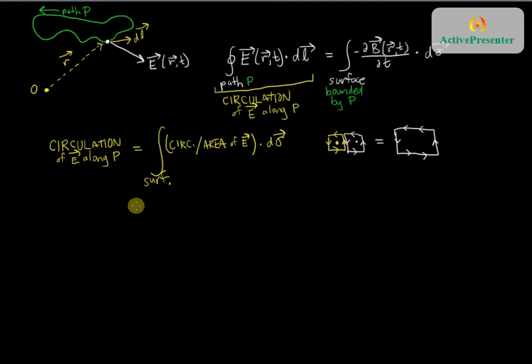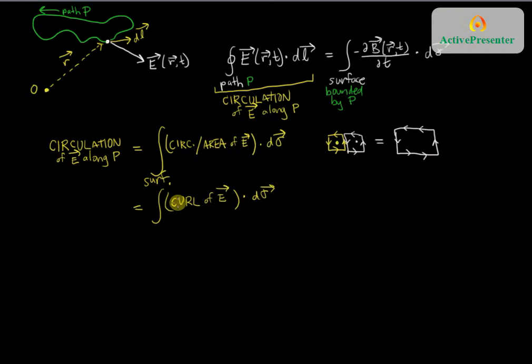So we can continue to write what this is equal to. We can say circulation per unit area is a quantity that we're going to give a shorter name to. We're going to call that the curl of E, still times d sigma, the area.